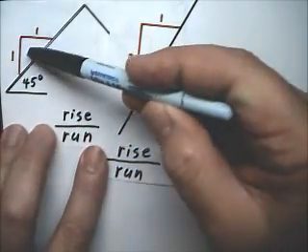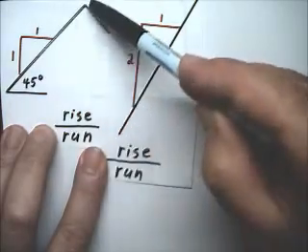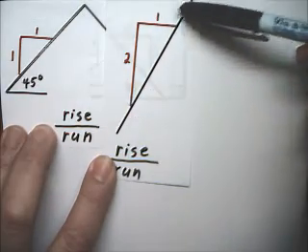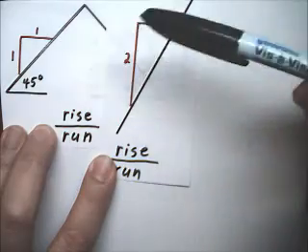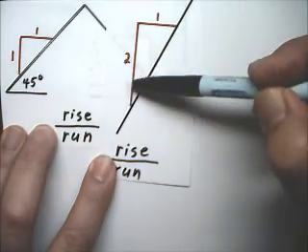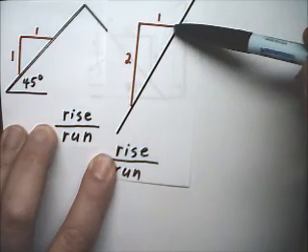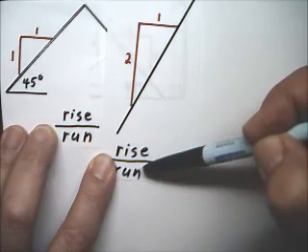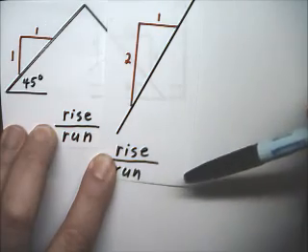See, this slope is 1 divided by 1, so the slope is 1. This line is steeper than this line, and it has a greater slope than this line. This line goes up 2 and to the right 1. So it rises 2, and it runs 1. So the slope of this line is 2.